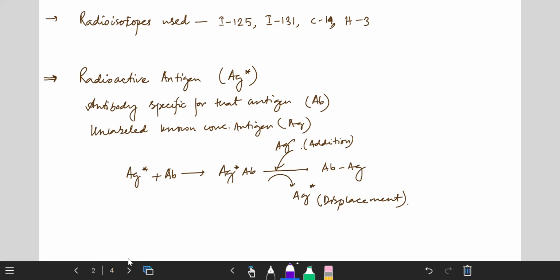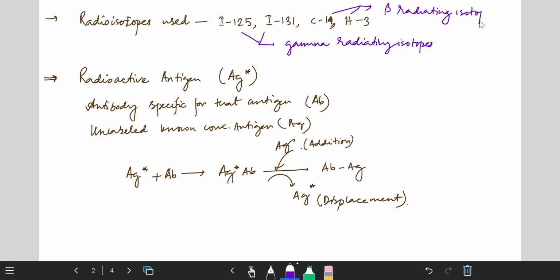You need to keep in mind that these two are gamma radiating isotopes, but these two are beta radiating isotopes. Clear?